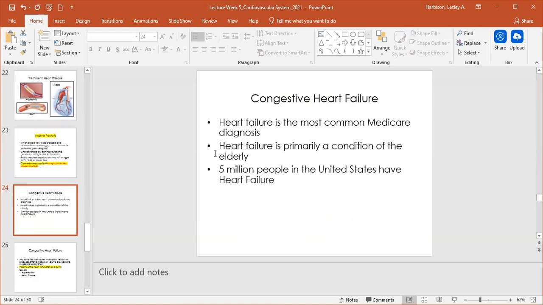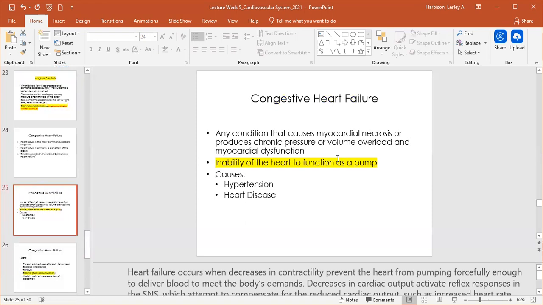Congestive heart failure. Heart failure is the most common Medicare diagnosis. It is primarily a condition of the elderly, and 5 million people in the United States have heart failure. Any condition that causes myocardial necrosis or produces chronic pressure or volume overload and myocardial dysfunction is part of the diagnosis of congestive heart failure.